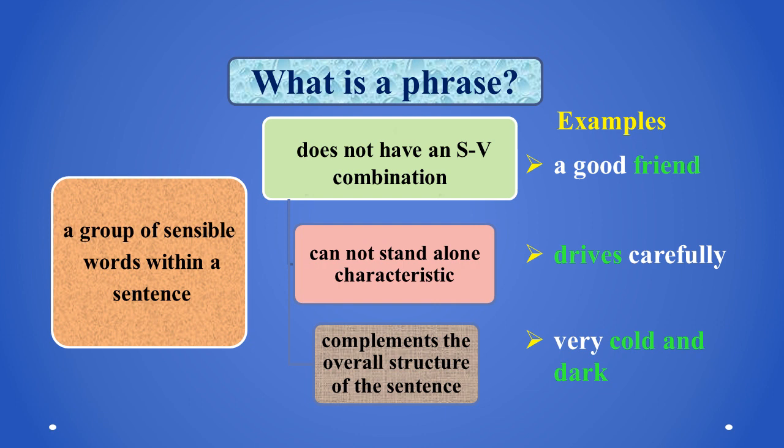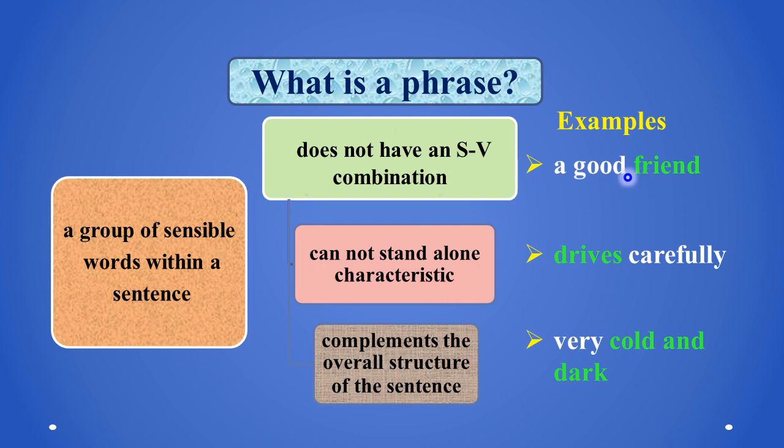Look at the first characteristic. A phrase is a group of sensible words within a sentence. Now coming towards the example, a good friend, it is a phrase. Look here, the words in this phrase have been arranged in a sensible way, very logically according to some rules.